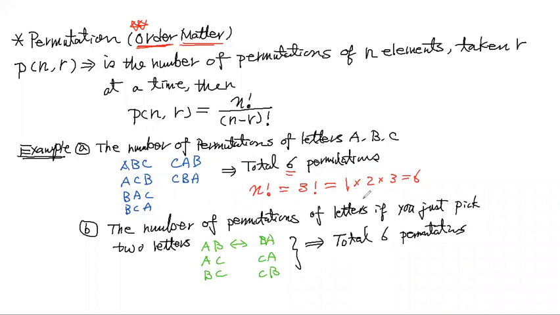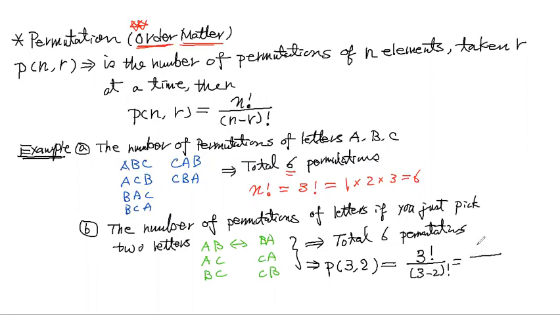How do I get a 6? Okay, so now I'm going to use the above formulas, right? So I have a permutation. I have a total 3 letters, so n equals 3. I'm going to take out the 2 letters. Let's see how many permutations I have. So this is a 3 factorial, then here, this is 3 minus 2 factorial.